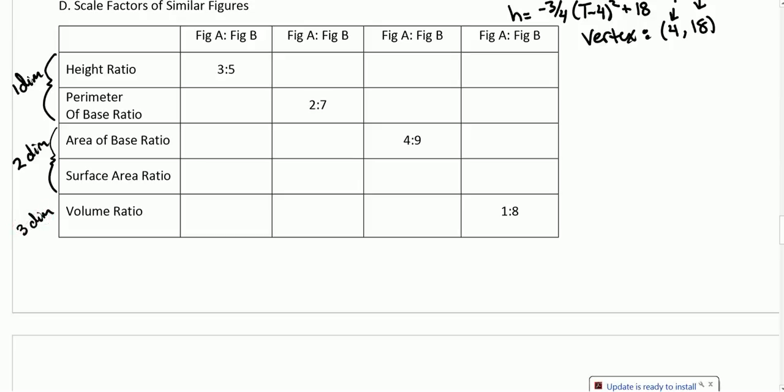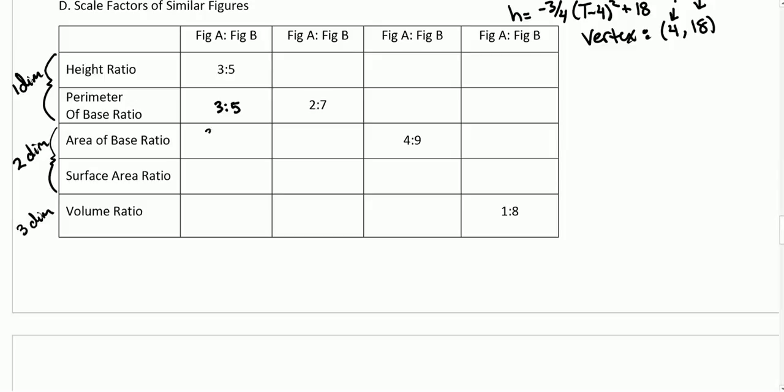And so when you're looking at ratios of two figures, so we've got figure A and figure B, and their height ratios are 3 to 5. That's their one-dimensional ratio. All one-dimensional ratios stay the same, so the perimeter ratio would also be 3 to 5. To go from one-dimensional to two-dimensional ratio, you square those.